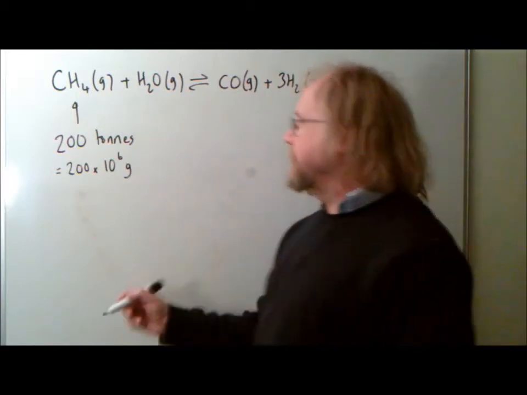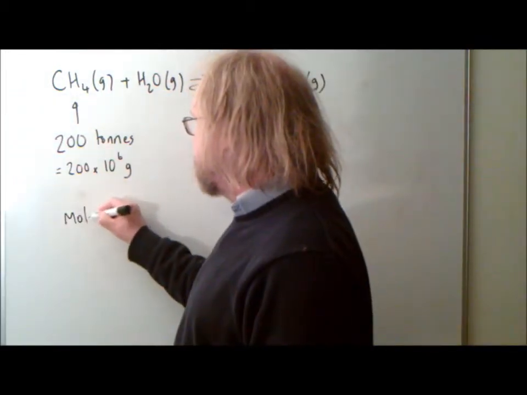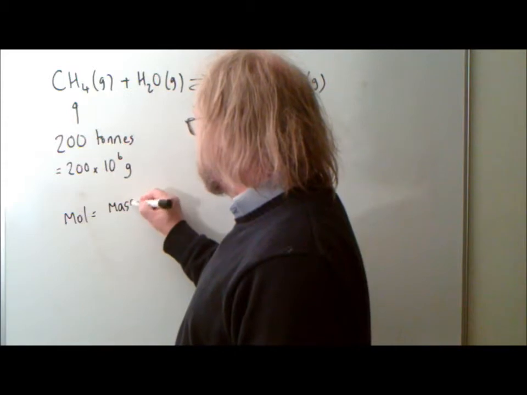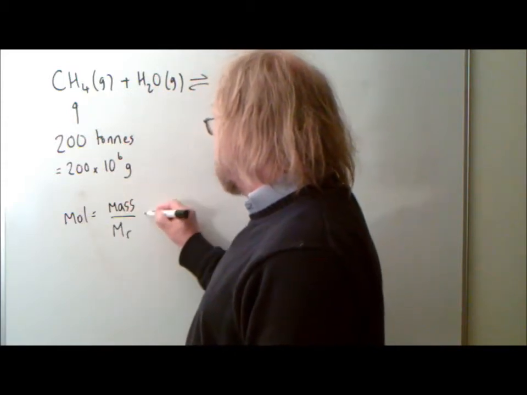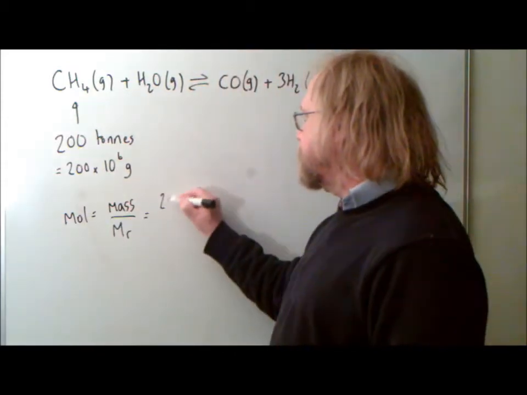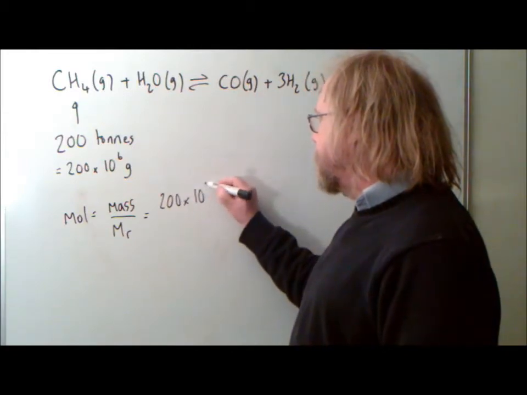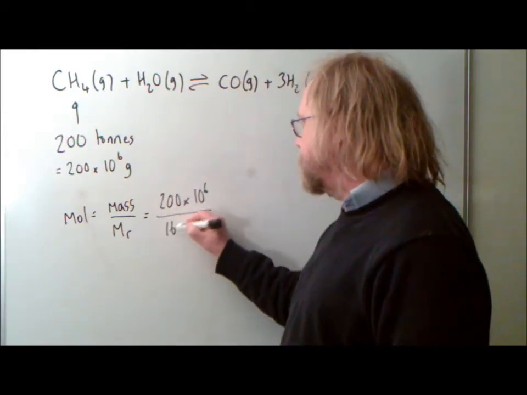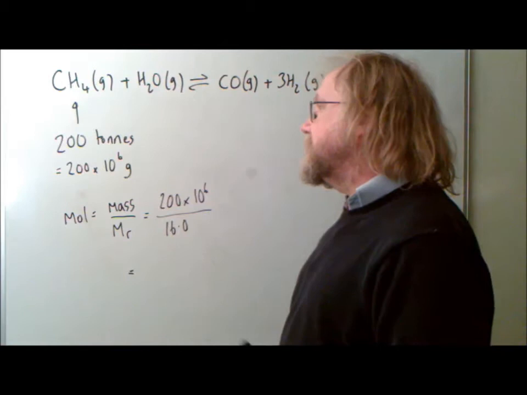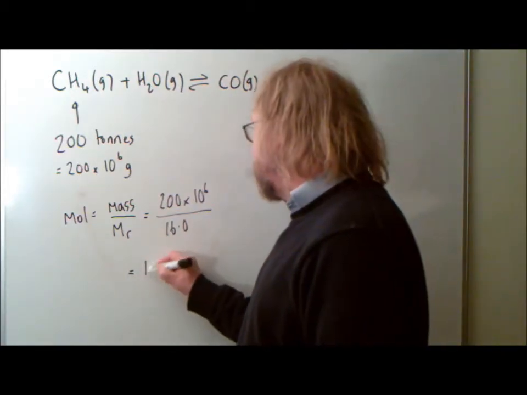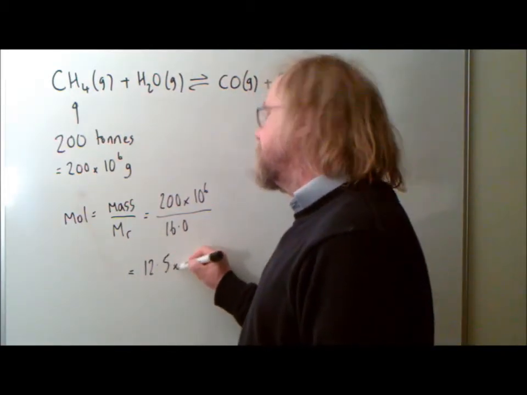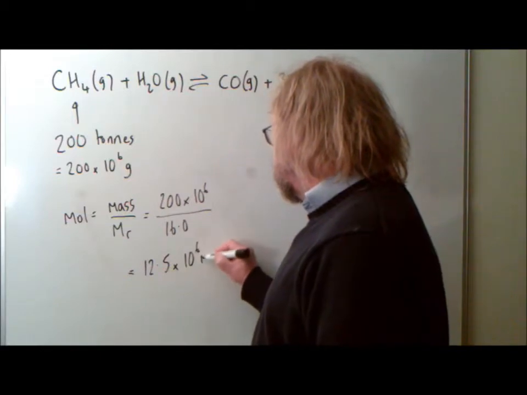And then you remember that moles equals mass over Mr, which is equal to 200 times 10 to the 6 divided by 16.0, which is equal to 12.5 times 10 to the 6 moles of methane.